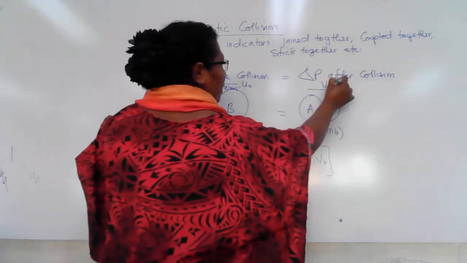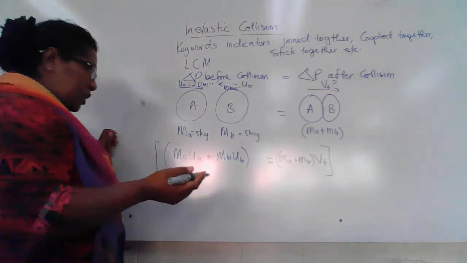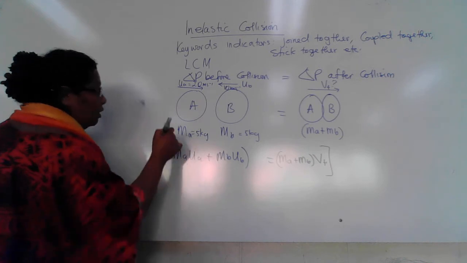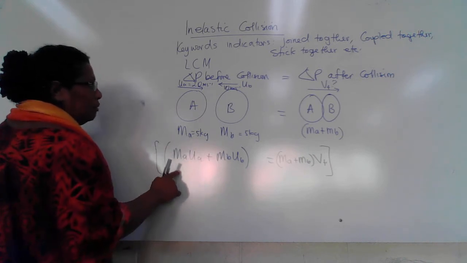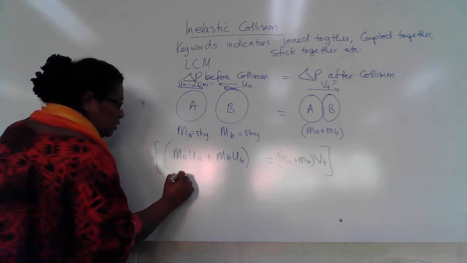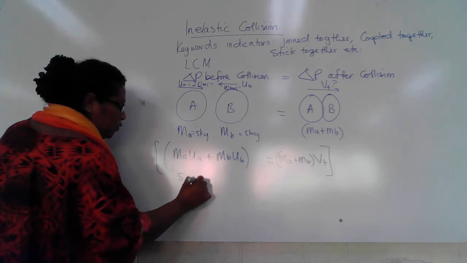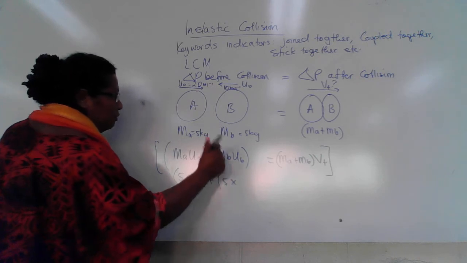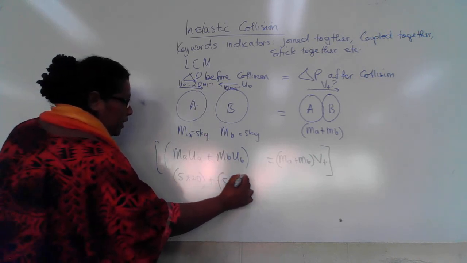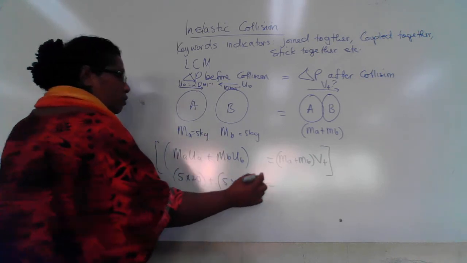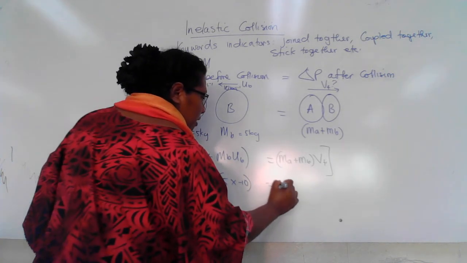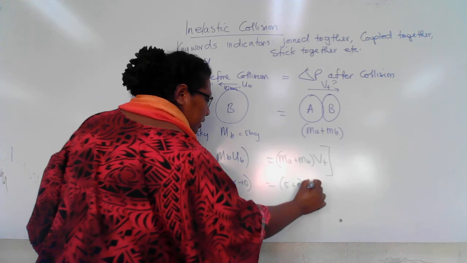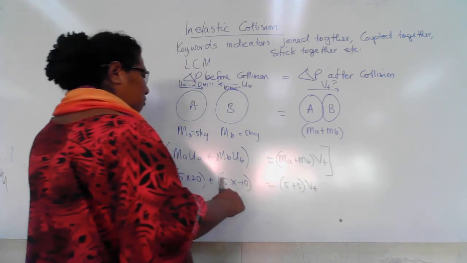We don't know the final velocity, so that's what we're calculating. And so we substitute the values into the equation. We have 5 times 20 plus 5 times minus 10, and that should equal the mass of object A, which is 5, plus the mass of object B times VF, which is the final velocity.